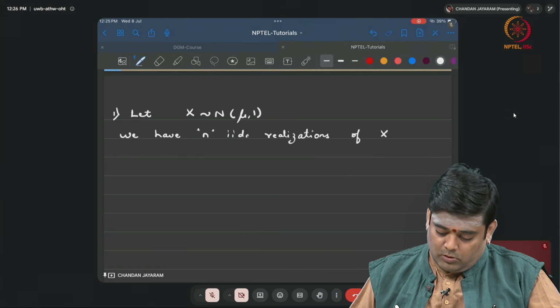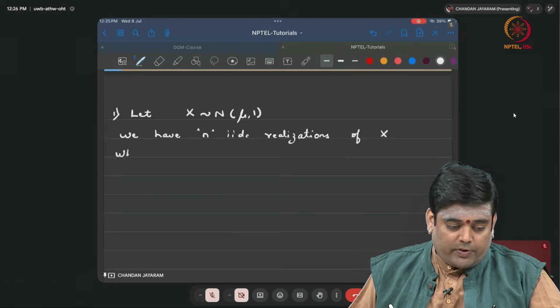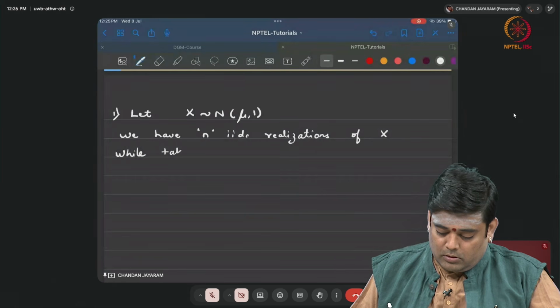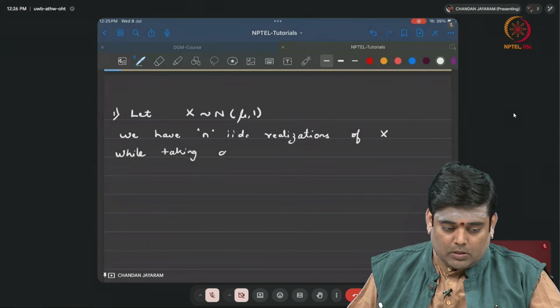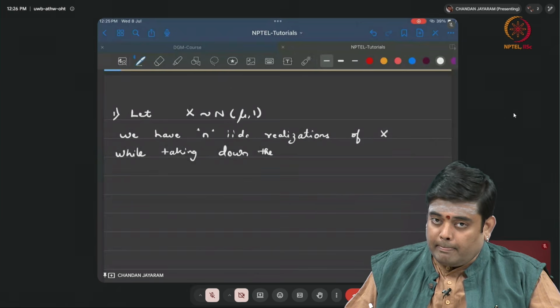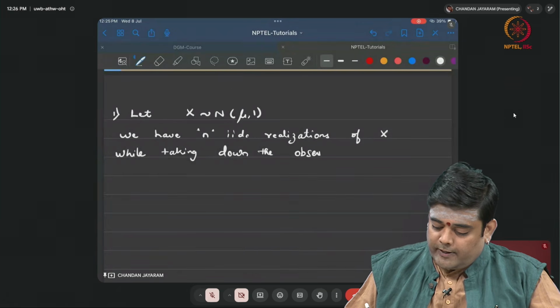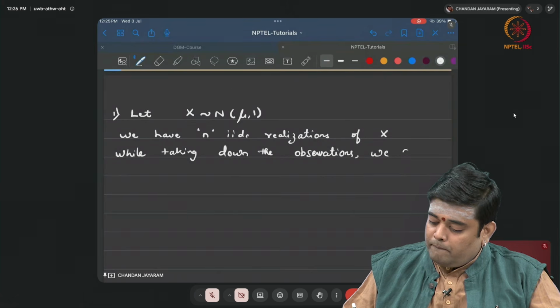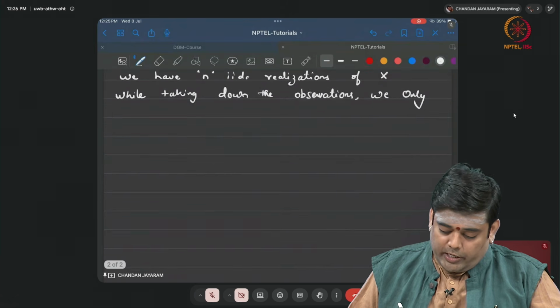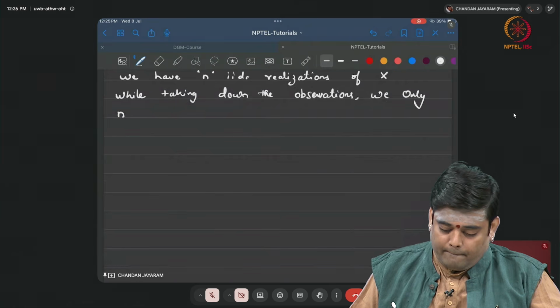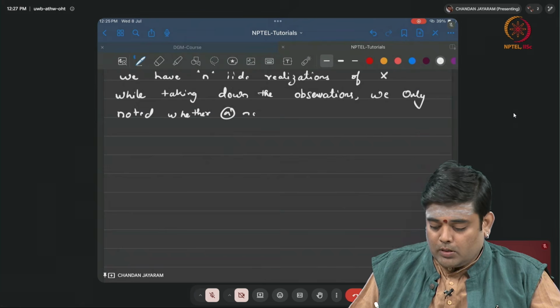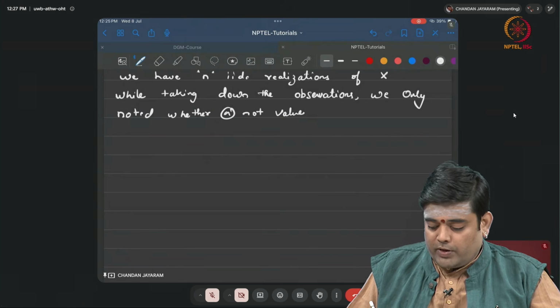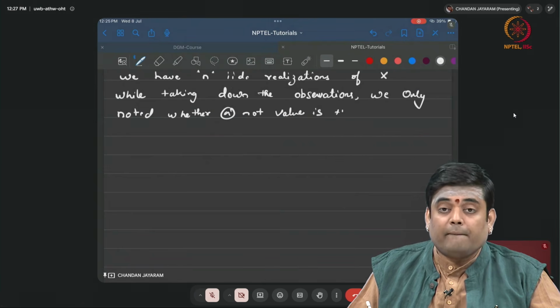While taking down the observations, we only noted whether or not the value is positive.